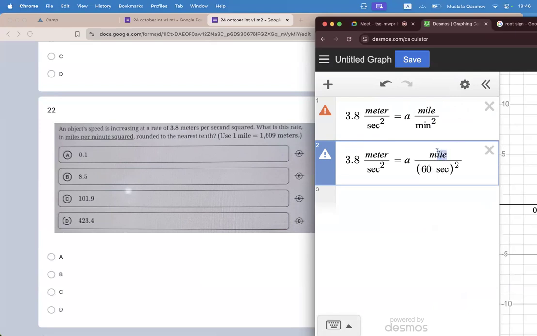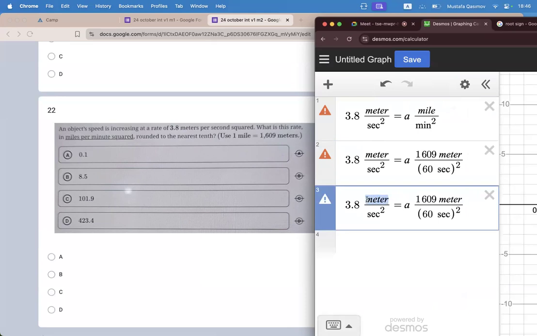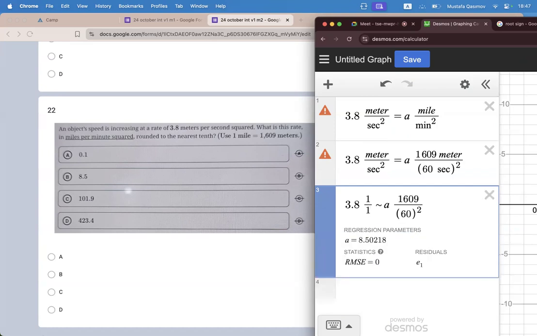We can write 1609 meters instead of mile. After that, we can eliminate meter and meter. We can eliminate second. Then we can find A. So A is equal to 8.5, answer is B.